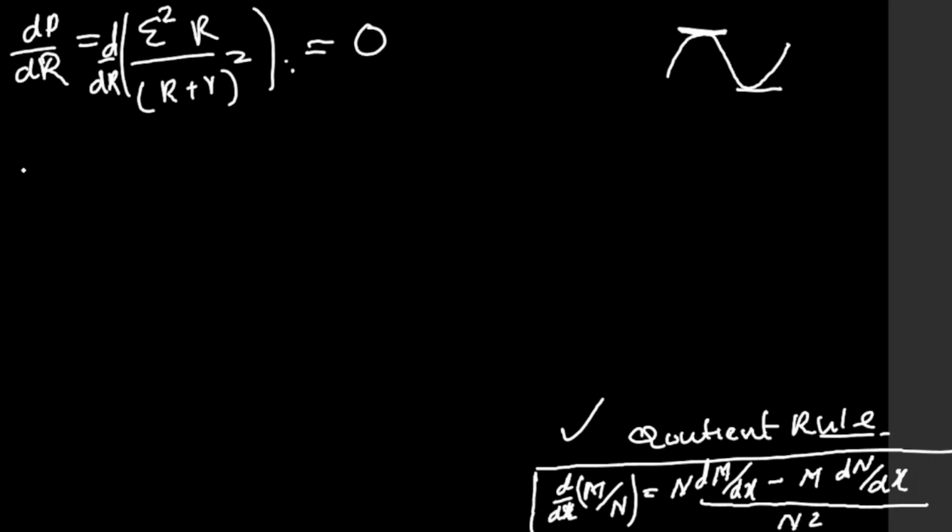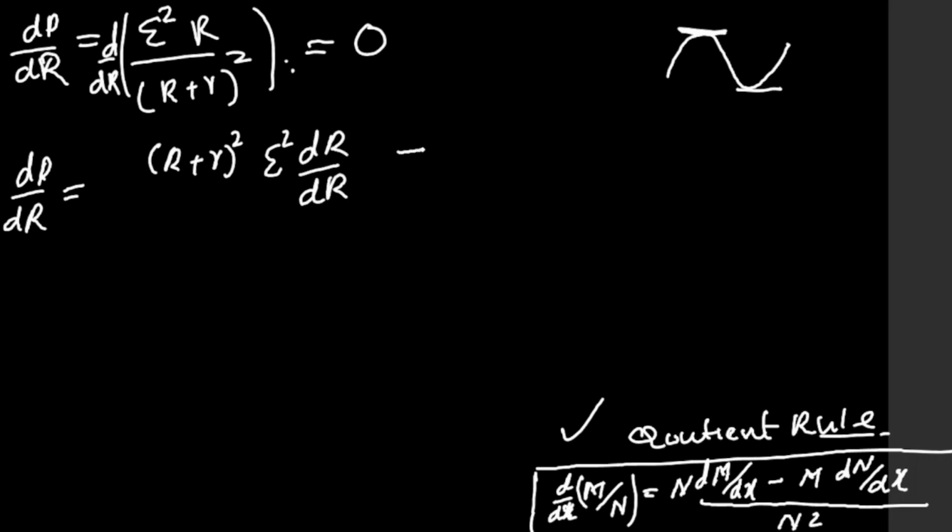Okay, so the derivative dP by dR is equal to (R plus r) whole square, which is the denominator here. Okay, and by taking the derivative of the numerator, EMF square is constant, we will get the derivative dR divided by dR, minus, and now we will take the numerator without differentiating, and then differentiate the denominator, which is (R plus r) square.